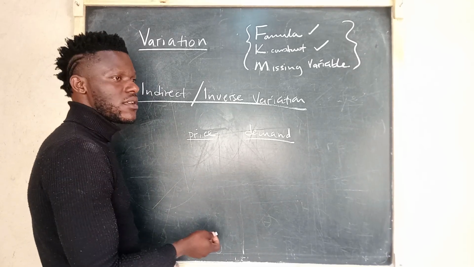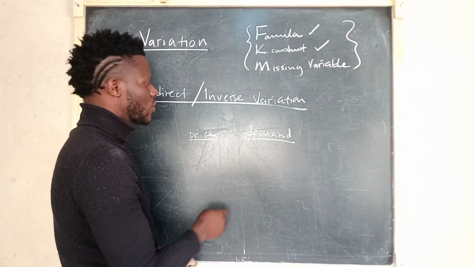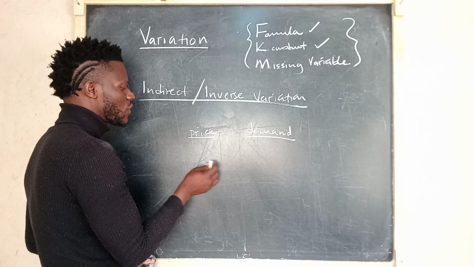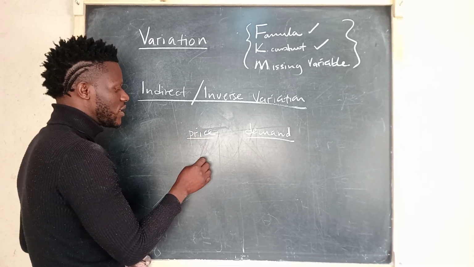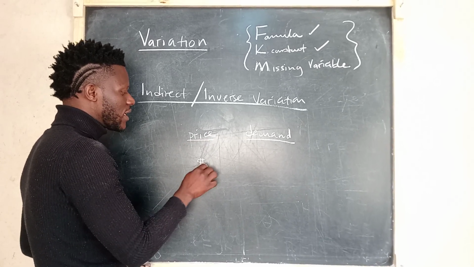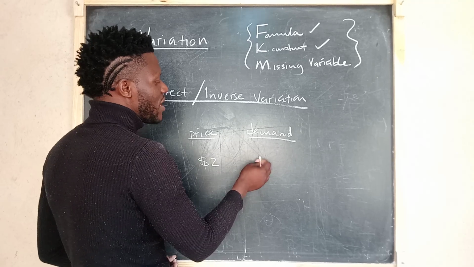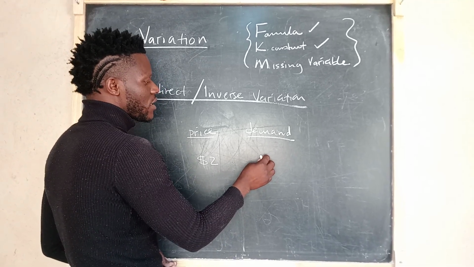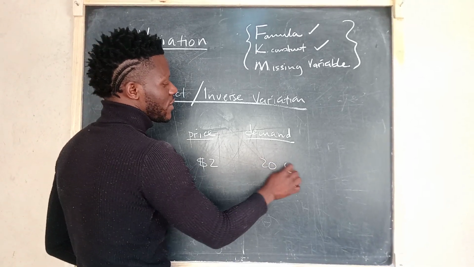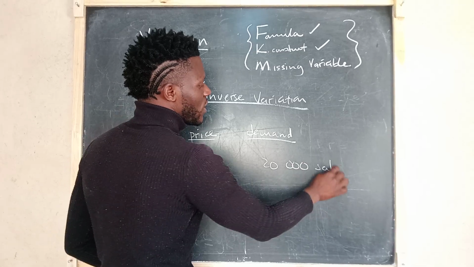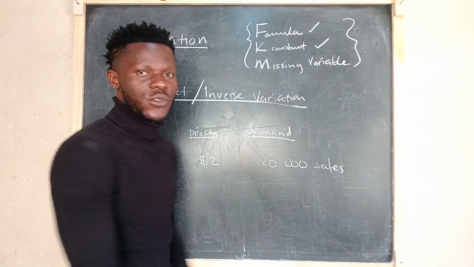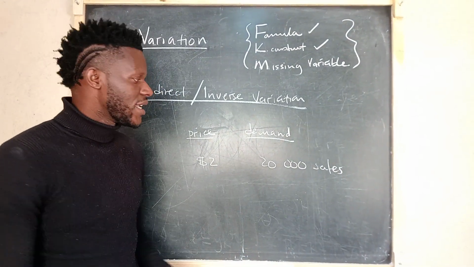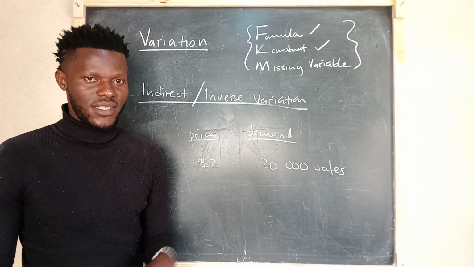Suppose, let's say, a packet of sweets is a non-basic commodity. If a packet of sweets is selling at $2, then maybe in a month we make about 20,000 sales.